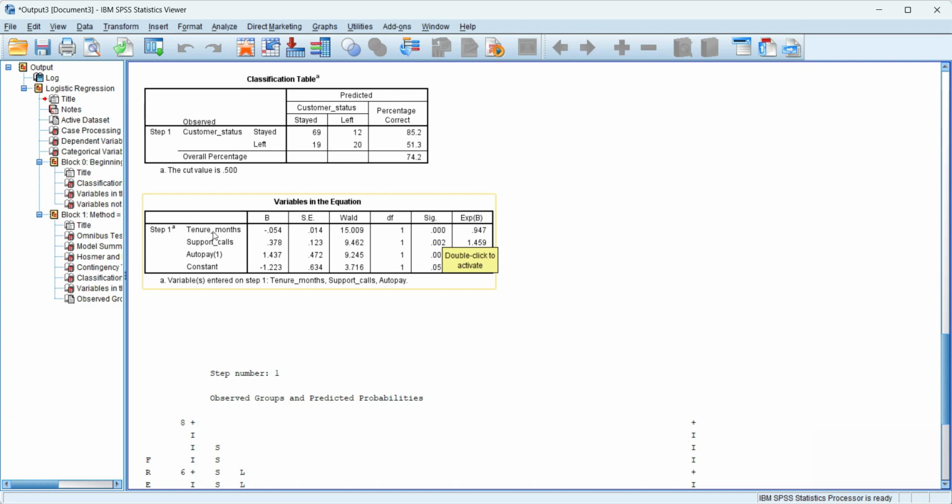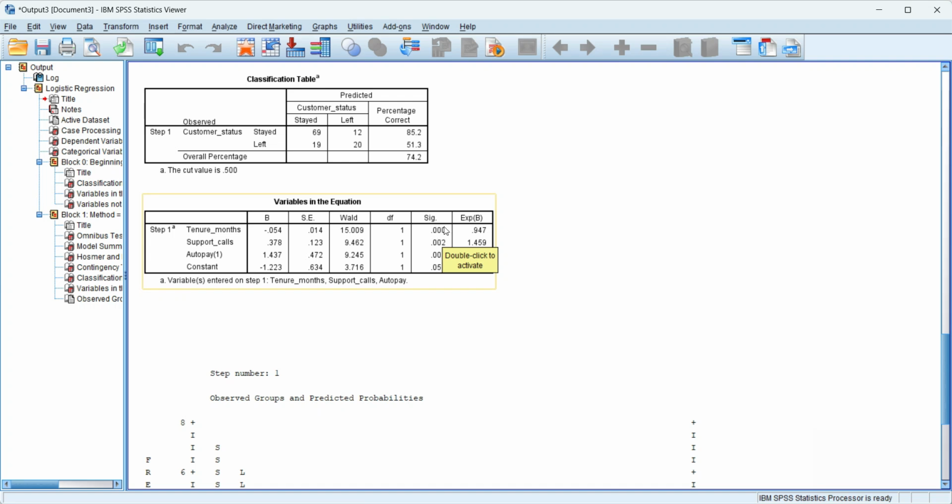First, tenure in months, which is a continuous variable, predicted the customer status. The unstandardized beta value is negative 0.054, the Wald statistic is 15.009, and the p value is less than 0.05.